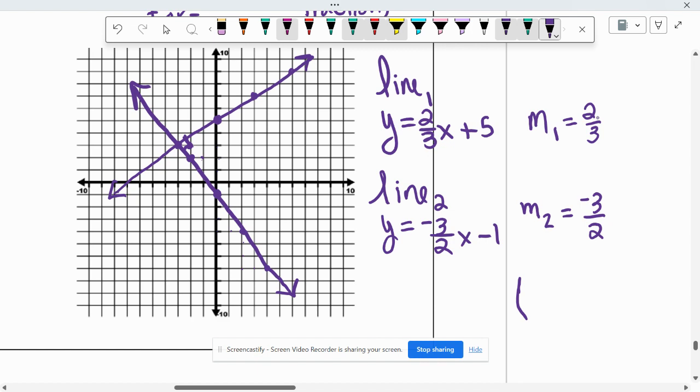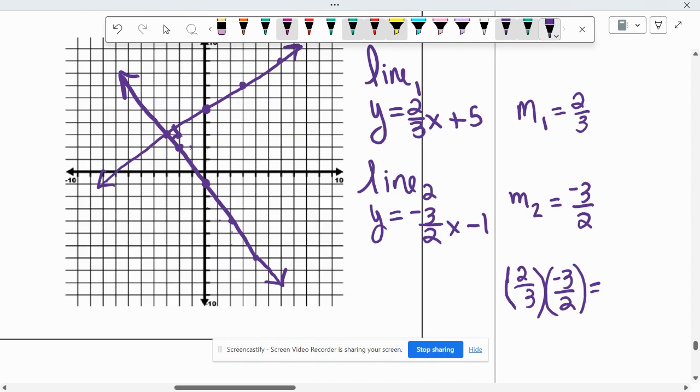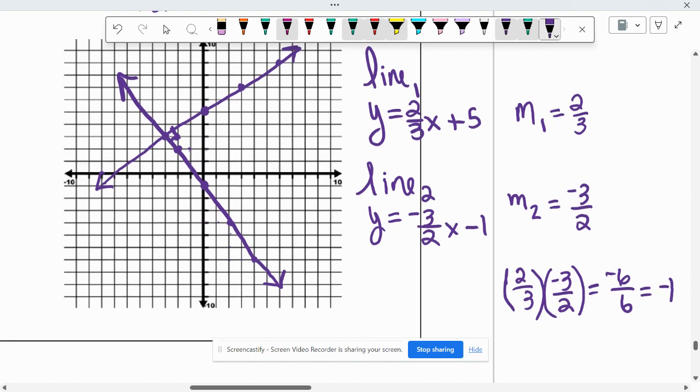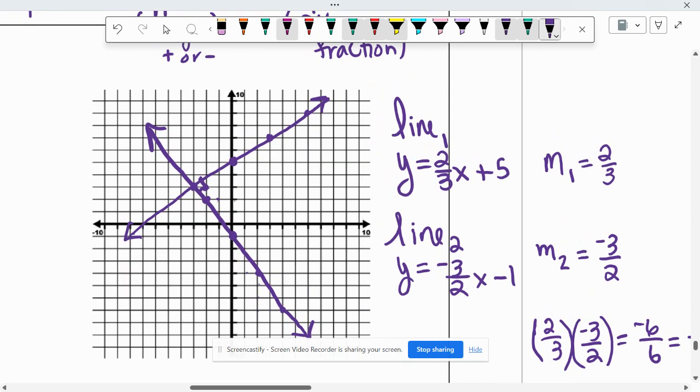If you take their slopes, 2 over 3 times negative 3 over 2, what are you going to get? You're going to get negative 6 over 6, which reduces to what? Negative 1. So that's something that you want to add onto your paper.